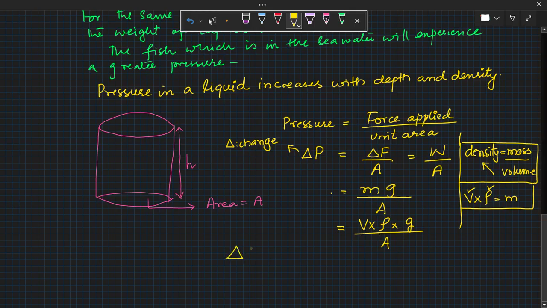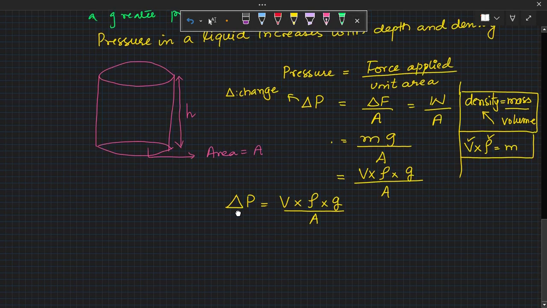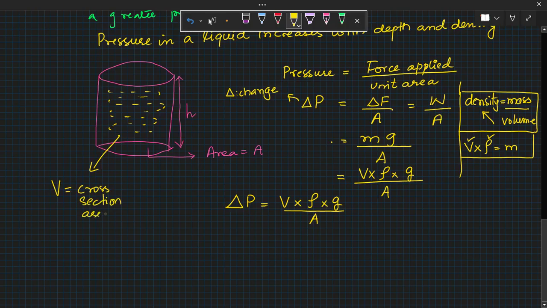So pressure is going to be density times volume of the liquid divided by the area. Now, if I ask you to find the volume of the substance inside this container, the volume is the cross section area times the height.